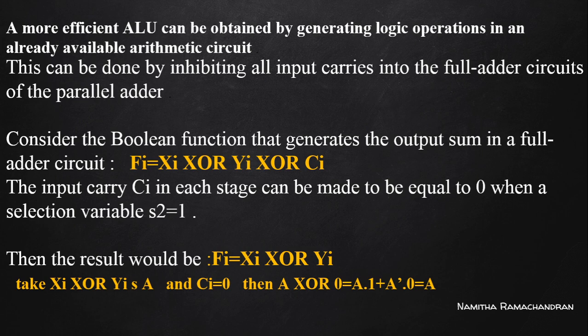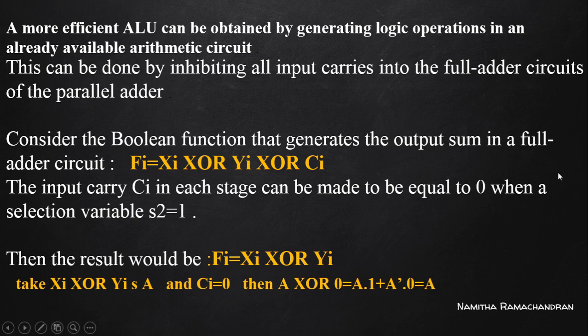If we want to perform arithmetic operations over n-bit data, then inside the parallel adder we need n different full adders. This one is the output of the full adders that we have already learned in our digital systems course.